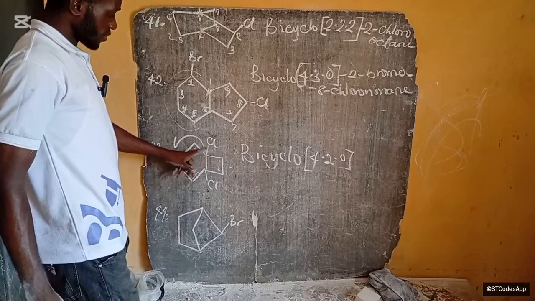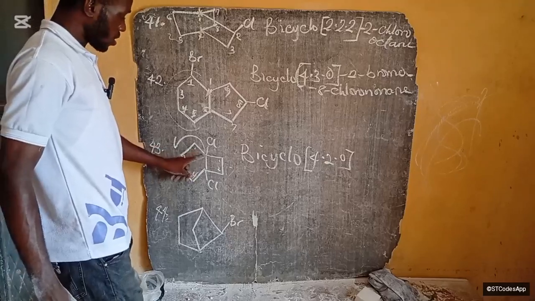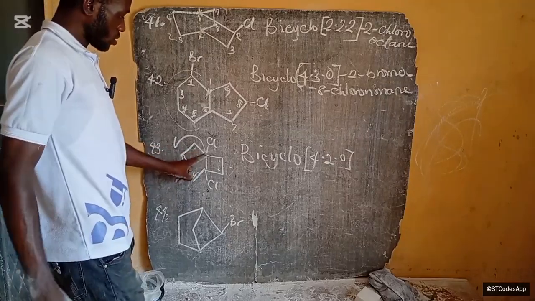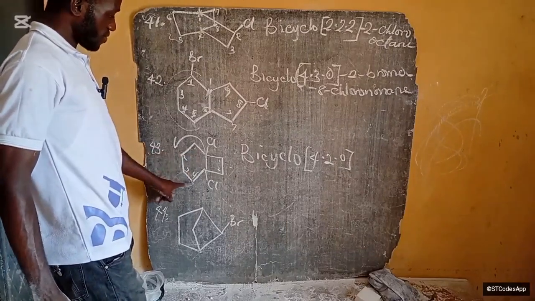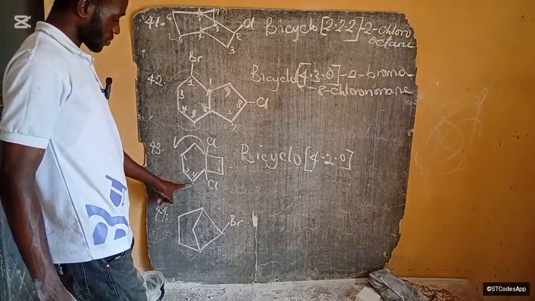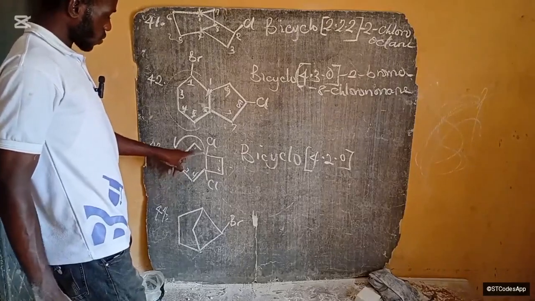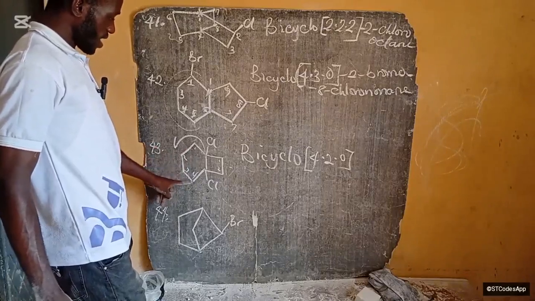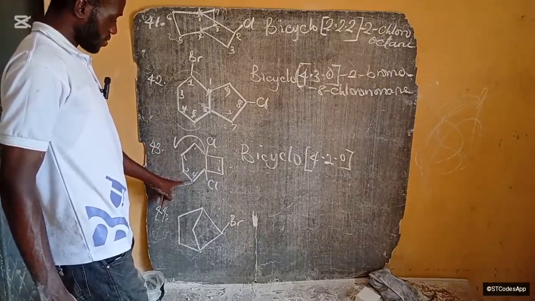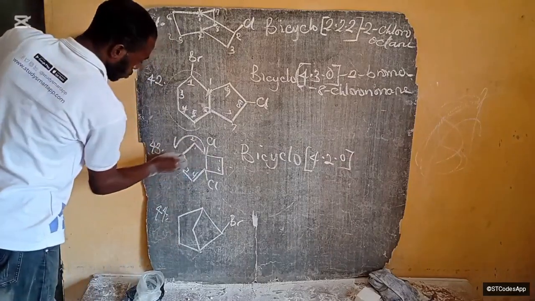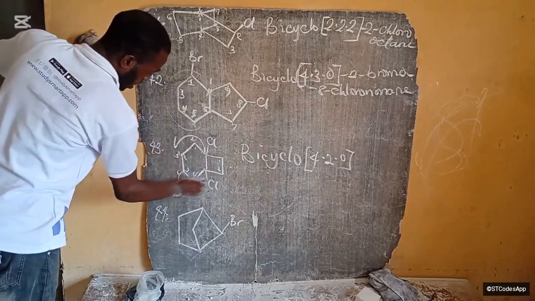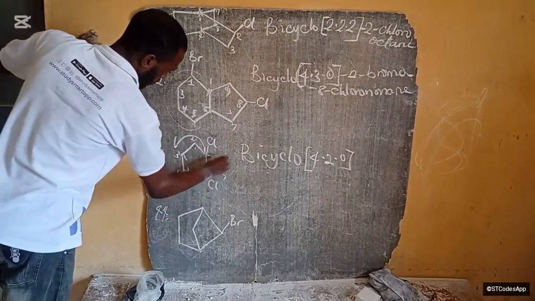Then we have our substituents on carbon 1. So we go like this, 1, 2, 3, 4, 5. We go like this, 1, 2, 3, 4, 5. Let's number 1, 2, 3, 4, 5, 6, 7, 8.